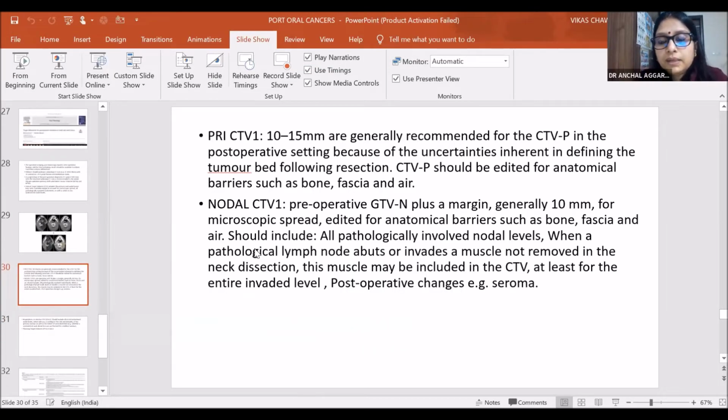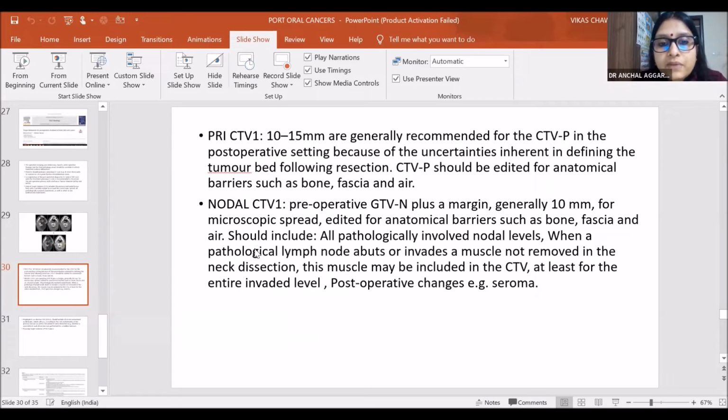Then here also we divide two CTVs. CTV1 is a high risk CTV, for which 10 to 15 mm is generally recommended for the CTV primary in post-operative setting because of the uncertainties in defining tumor bed following resection.